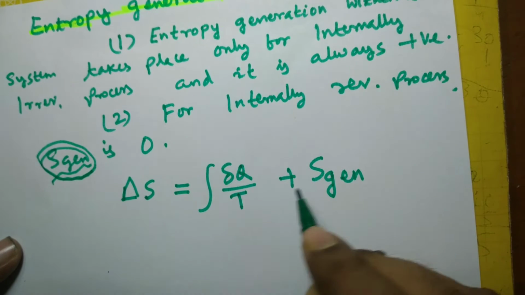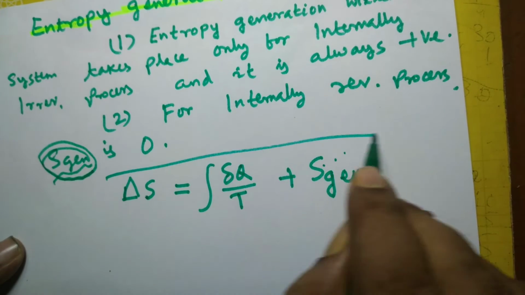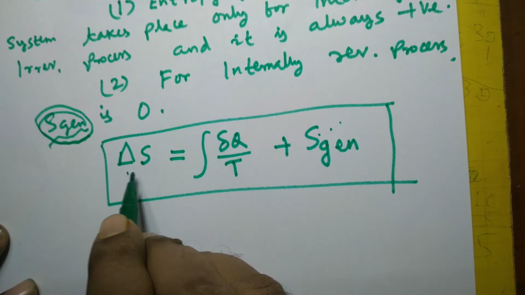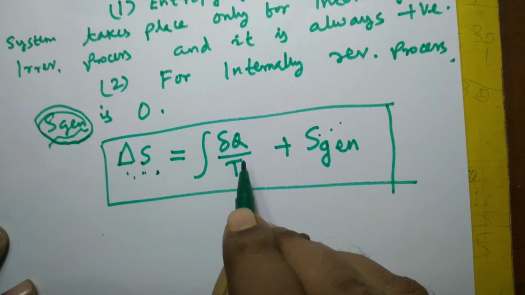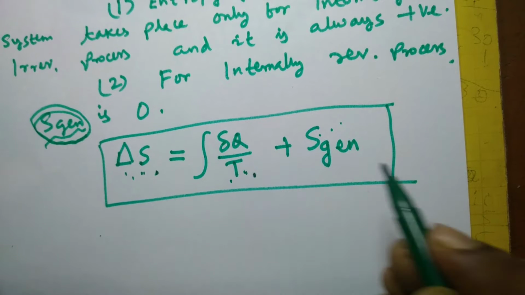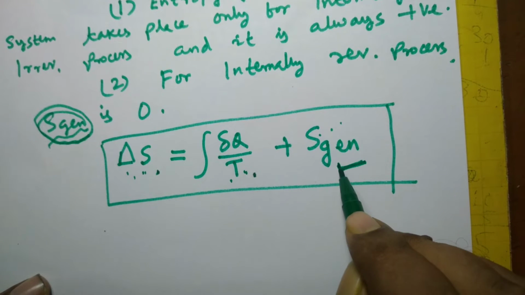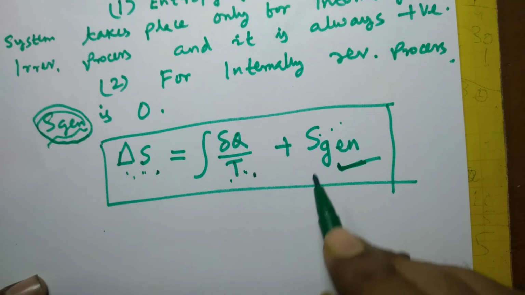For a reversible process the S gen term will be 0. In the general equation, delta S is the change in entropy, integral of del q by T is the entropy transfer into or out of the system, and entropy generation is present only in case of irreversible process, and this term will be absent for internally reversible process.